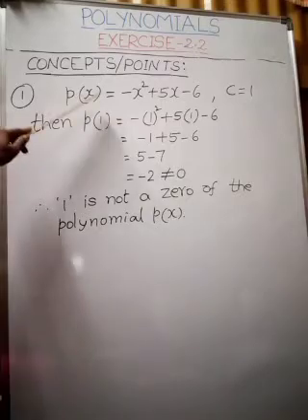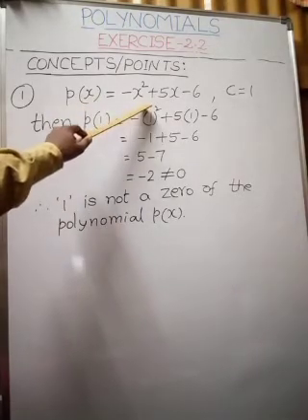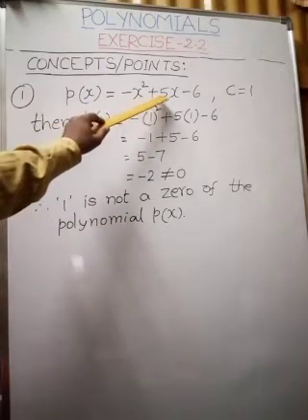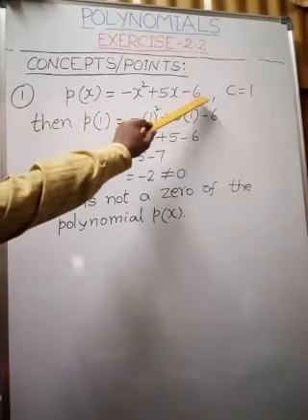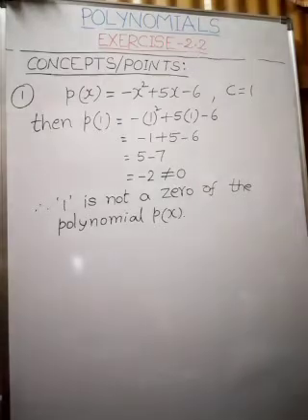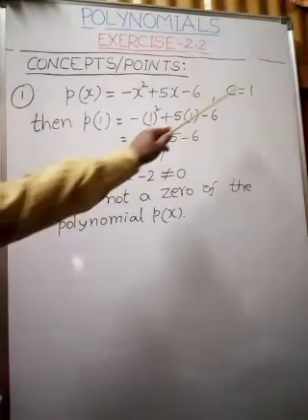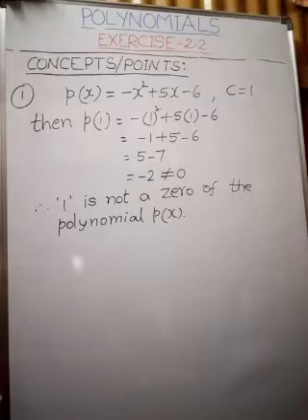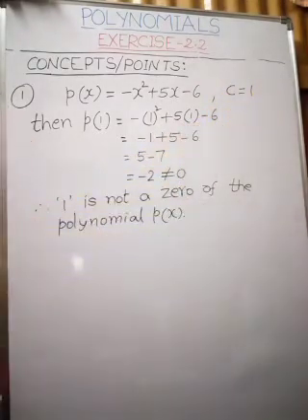Now, let us take another example. I have taken the same polynomial, p of x is equal to minus x square plus 5x minus 6. I have taken the same polynomial, but here I changed the number. In the previous example I have taken number 2, but here I have taken number 1.